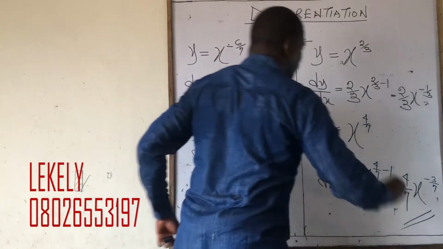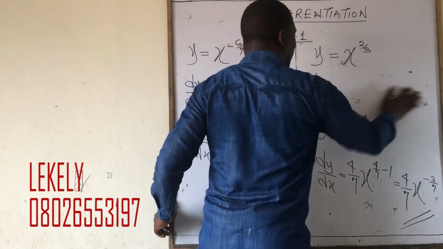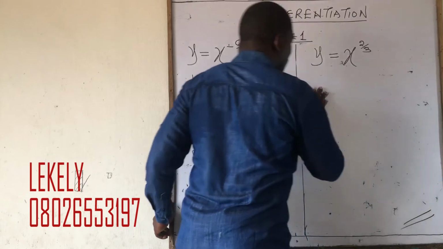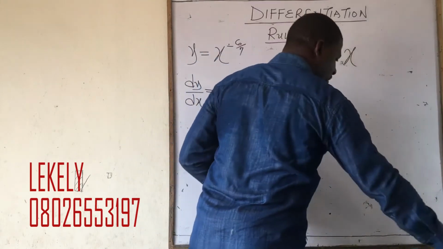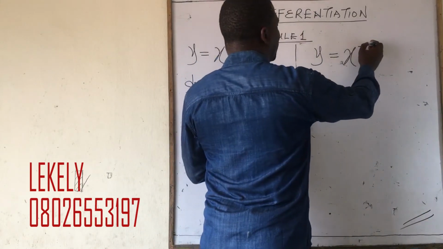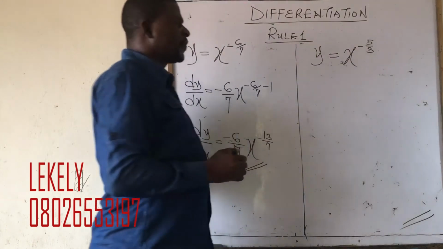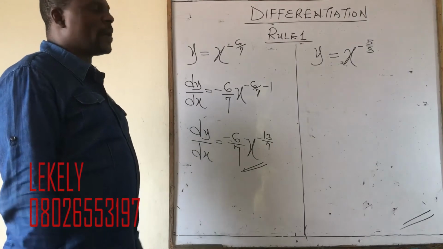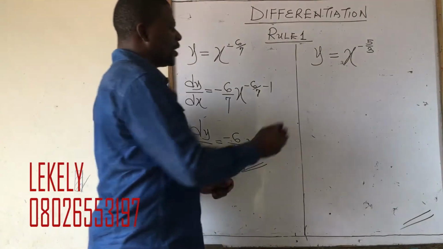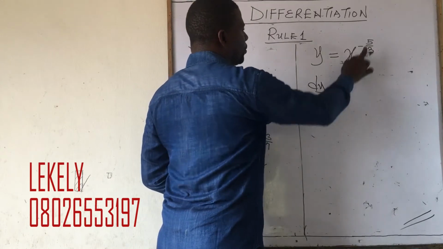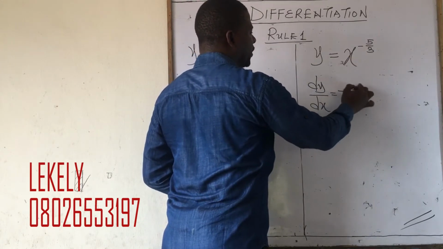So let me do one more example on that. Let's say you have y equals x raised to power minus 5 over 3. Differentiate. So here now, your dy dx will be, bring down the minus 5 over 3.